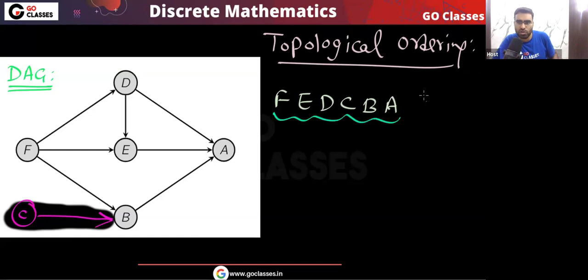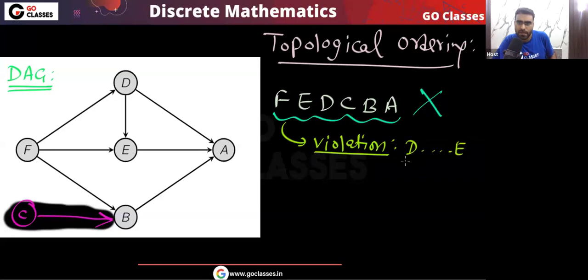Is this a topological order? This is not a topological order. Tell me why. Where is the violation? The violation is very simple: D must come before E. Yes or no? This is the violation.